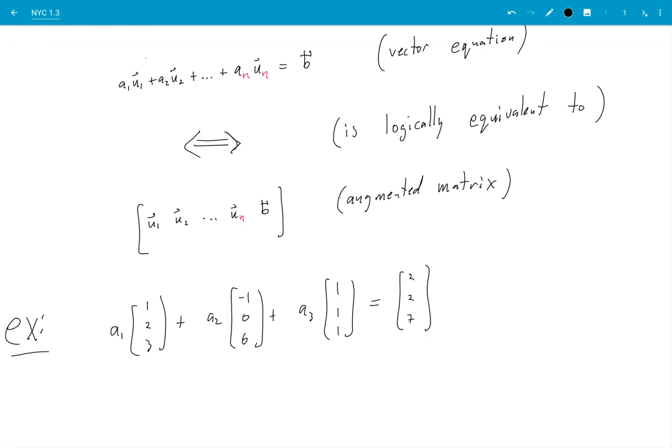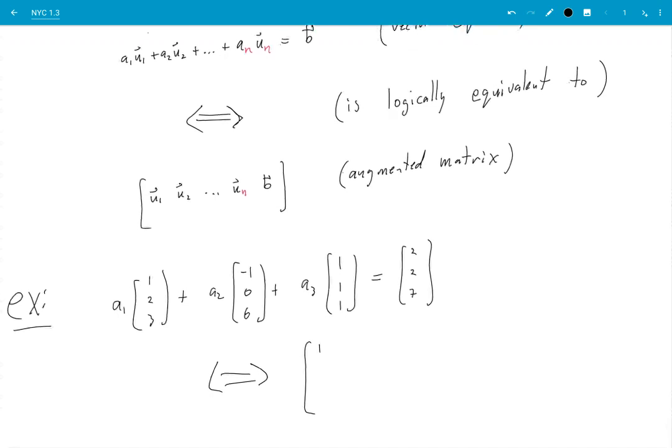Why not? Okay, that is logically equivalent to solving this system here: 1, 2, 3, negative 1, 0, 6, 1, 1, 1, 2, 2, 7.